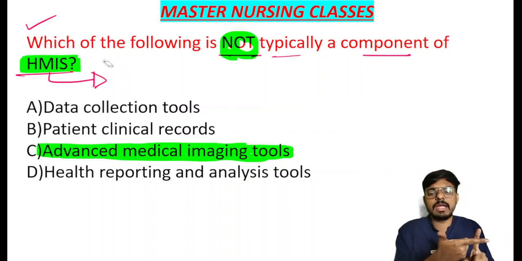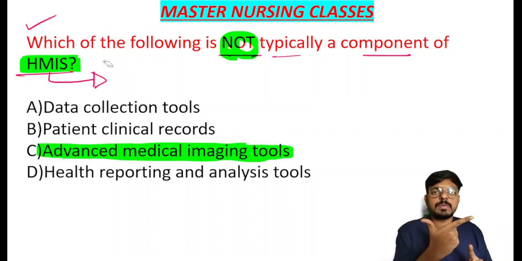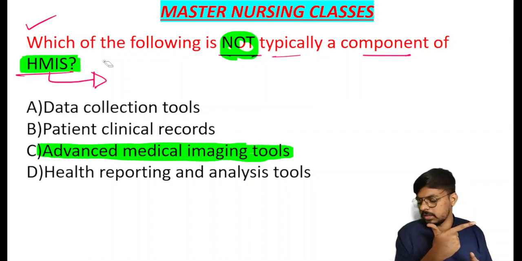Option B is health management and information system. You may get confused between these two options in the exams. I want an answer from you all now: what does HMIS actually stand for here, hospital management information system or health management information system?